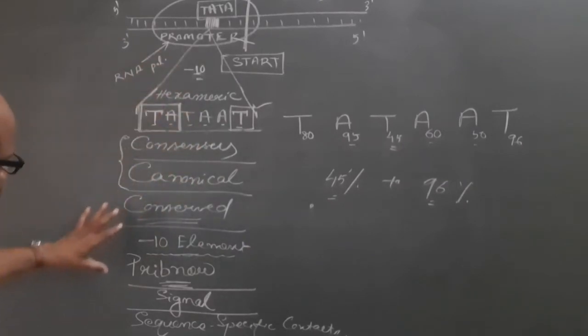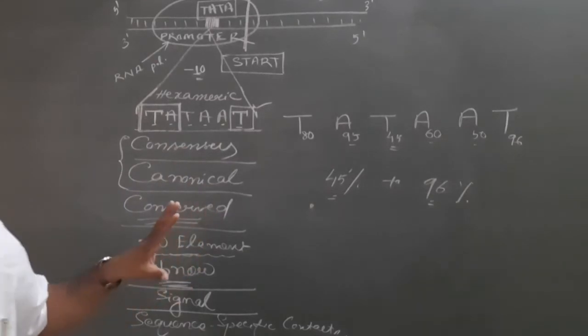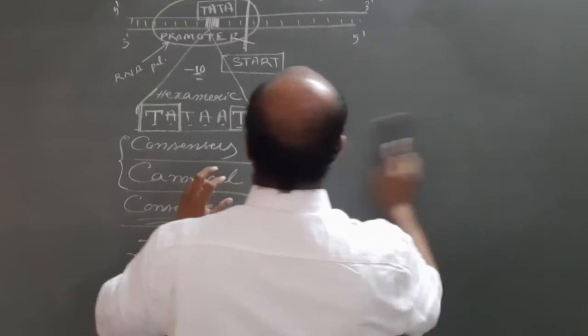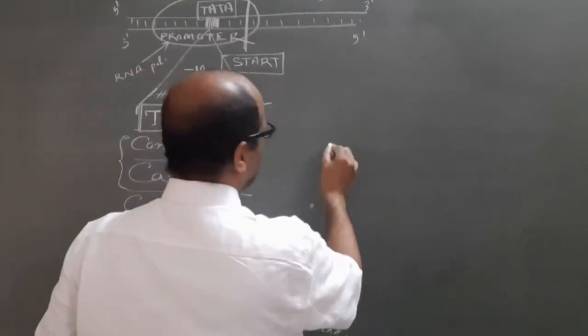So this is the whole account of the Tata box or the Pribnow box in prokaryotes, and such a region is also present in eukaryotes.